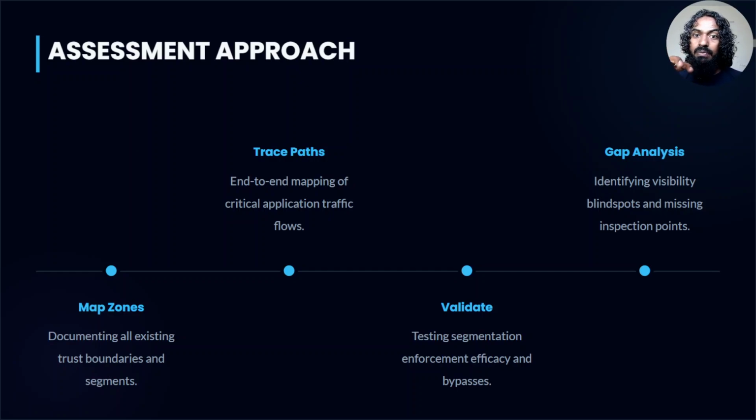Then assess your visibility gaps, as we spoke about the telemetry and logs, what we collect, what we see, right? Always think like an attacker moving sideways, not like an auditor checking all the boxes, right? That's the difference between an auditor and a security architect, of course.